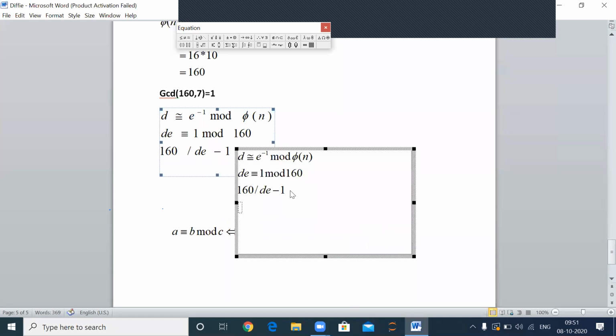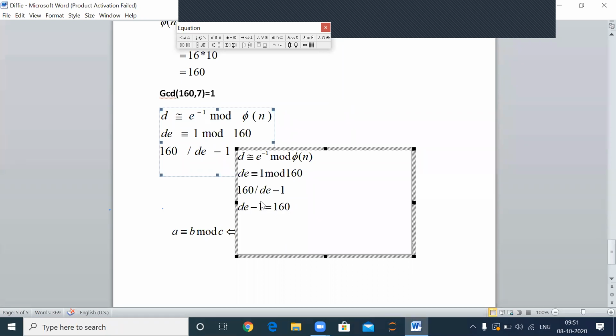How can this be written? A divides B means B is equal to some constant multiplied into A. In mathematics, A divides B means B is equal to some constant, some multiplication, into this A. I can multiply by 1. So d e minus 1 is equal to 1 into 160.